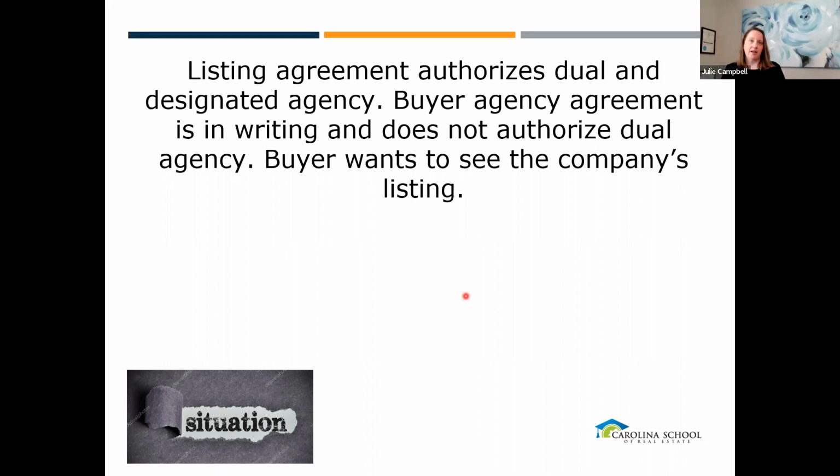Seller has said yes, I'll allow dual. Yes, I'll allow designated. I also got a buyer agency agreement in writing. The buyer did not authorize dual, but now the buyer wants to see something that my firm has listed. Can I show it as it stands right now? Seller said yes, buyer said no. Can I show it as it stands right now?